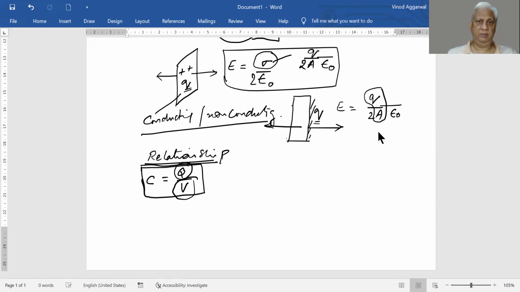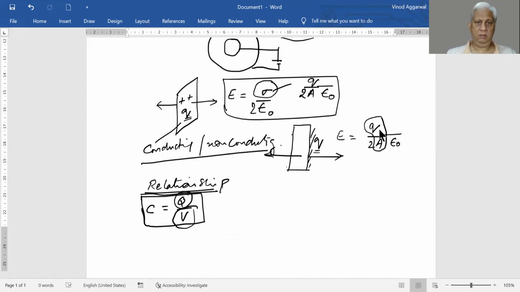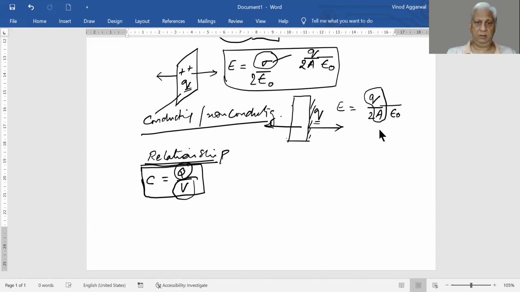As we mentioned before, in a capacitor, let's say a parallel plate capacitor, the in-between media can be air or any other dielectric.